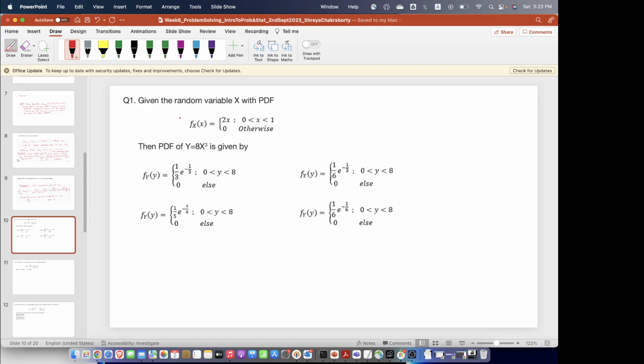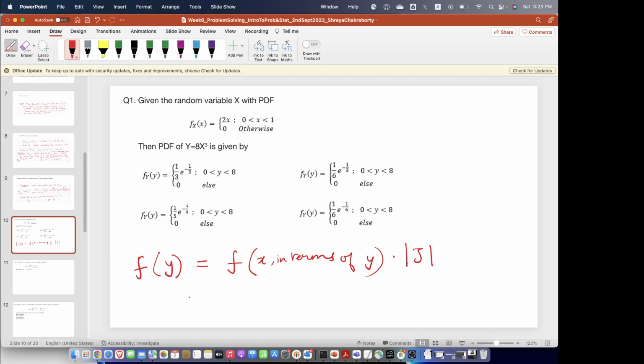Now, if we have something like this, what we can do is write the PDF of y as the PDF of x in terms of y into the Jacobian.